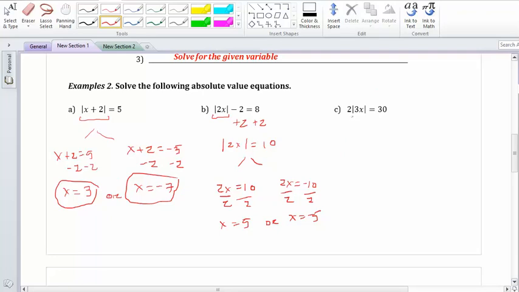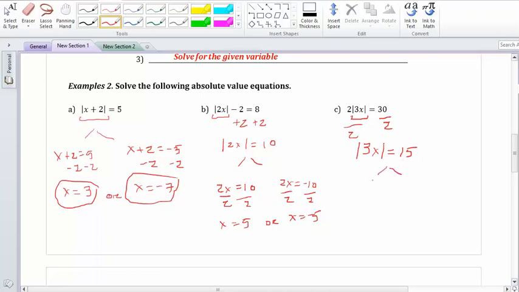We have 2 times the absolute value of 3x. Same as before. You want this absolute value bars to be by themselves. Therefore, we need to divide by 2. We need to get everything that is attached to it off. So we end up with the absolute value of 3x equals 15. Absolute value by itself.